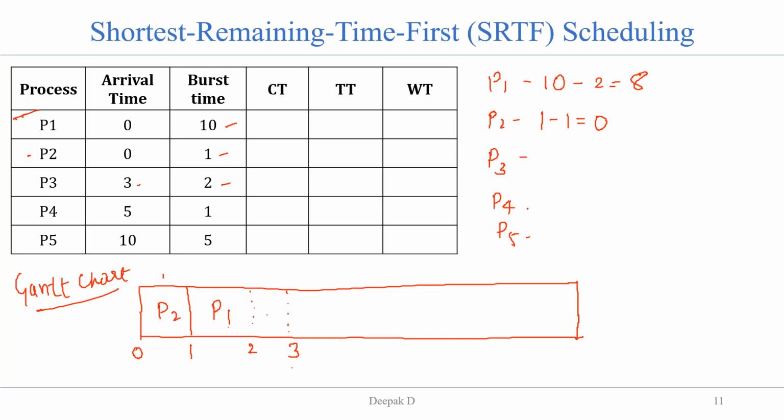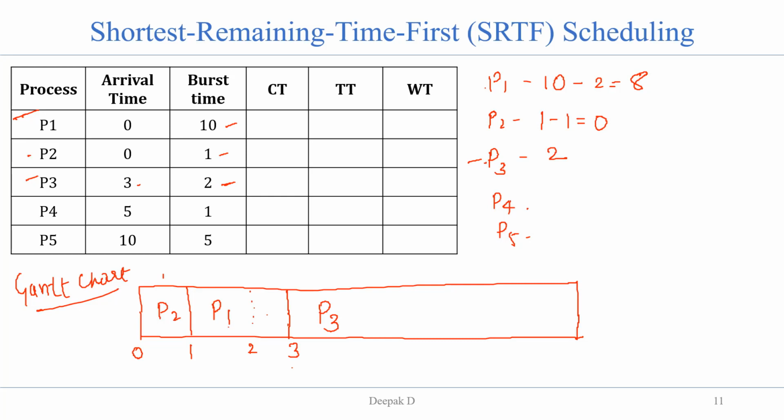So at the 3rd millisecond process P3 has arrived. What is the burst time? It is 2. Now I compare P2, P3 and P1. P3 has the shortest time. So the CPU that has been assigned to P1 is taken back from P1 and given to P3.